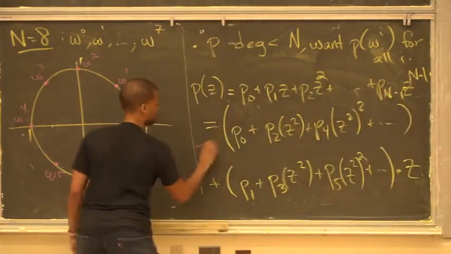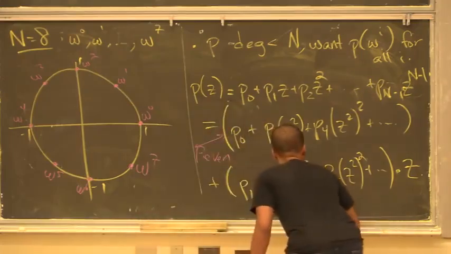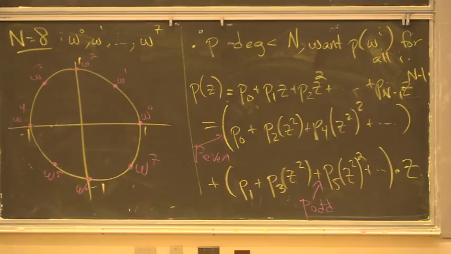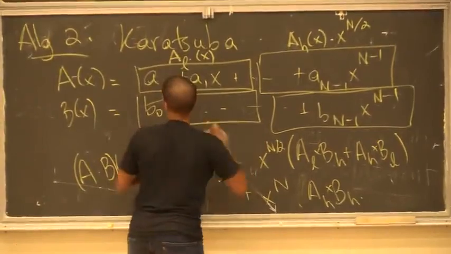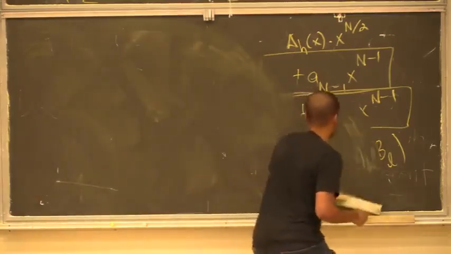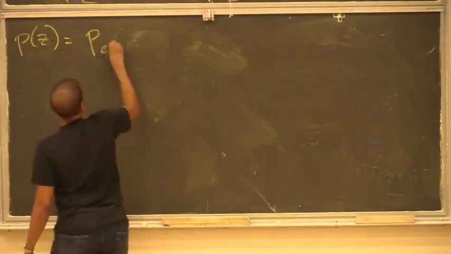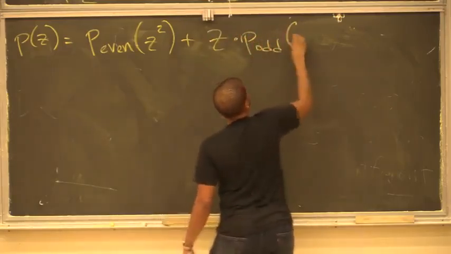And I'll call this P even. And I'll call this P odd. Okay? So what I've just said is that P of z is equal to P even applied to the point z squared plus z times P odd applied to the point z squared.